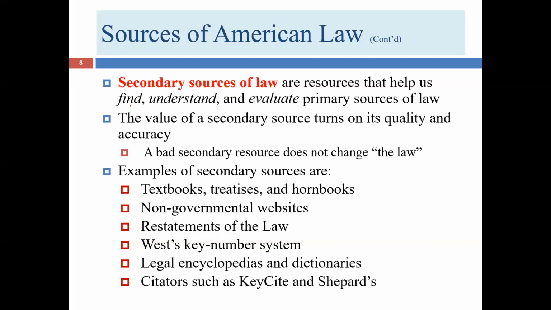So as you probably have gathered, it can be quite difficult to find primary sources of law, especially if it's case law, because case law is organized chronologically. It's not really organized by subject. So we can pretty readily see the decisions that came down yesterday, but it is somewhat challenging to sort through and find the decisions that relate to criminal law, and then put the decisions that relate to contract law in a separate bucket, and put the decisions related to family law in a separate bucket.